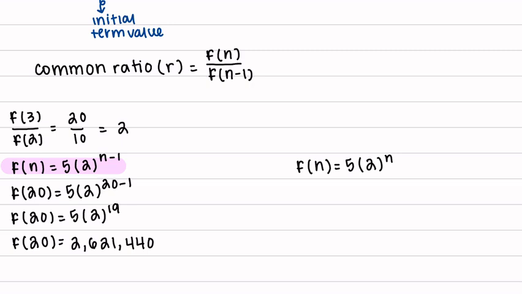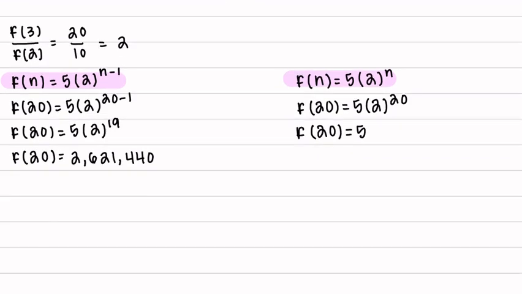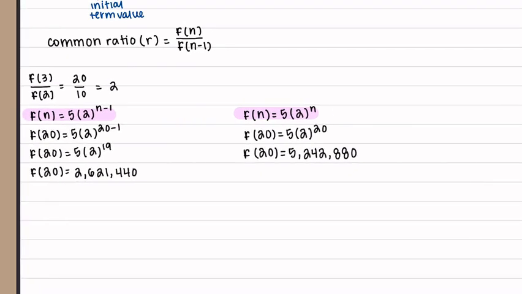And so if I want to find the 20th term, f of 20, that would be 5 times 2 to the 20th power. And if I plug that into my calculator, the 20th term would be 5,242,880.